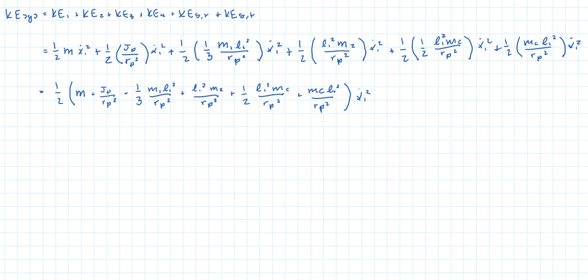We can do more. So that would be m plus jp over rp squared plus, no, we can't do that.